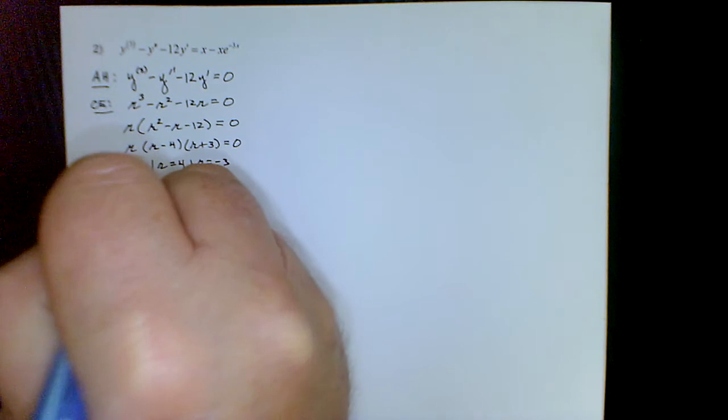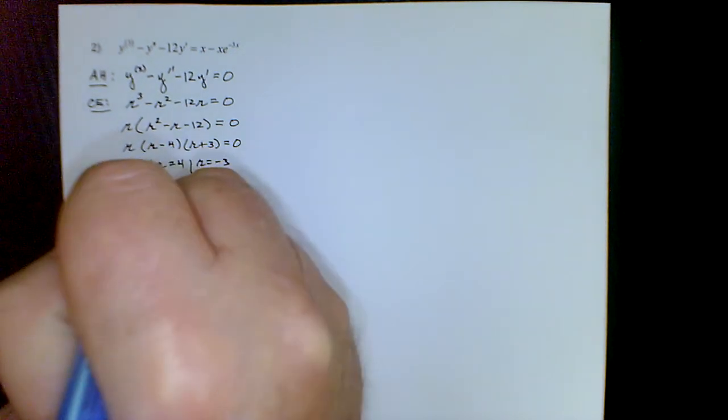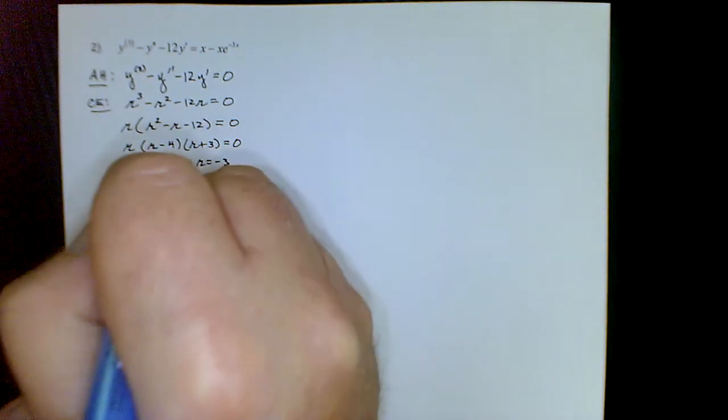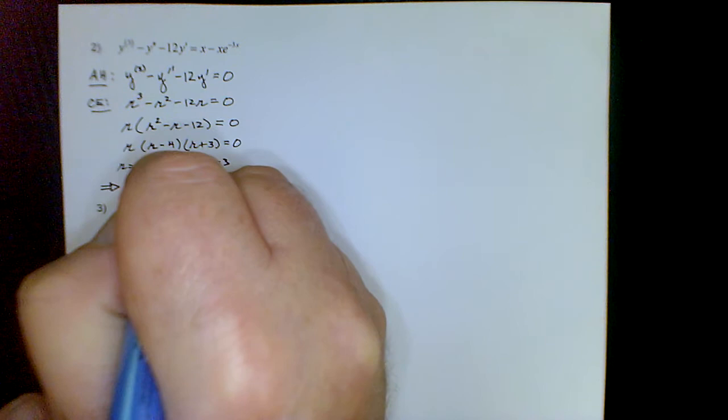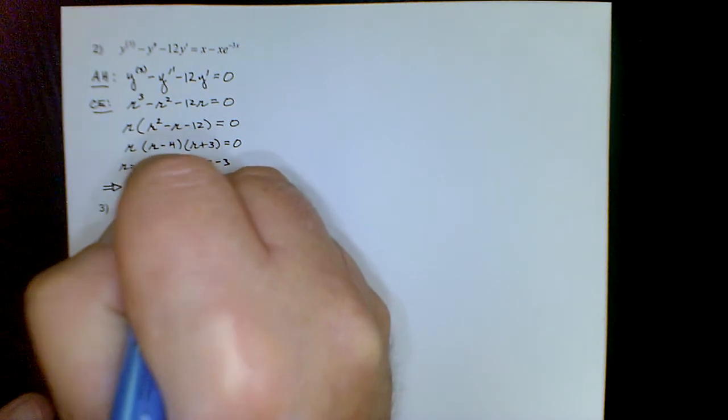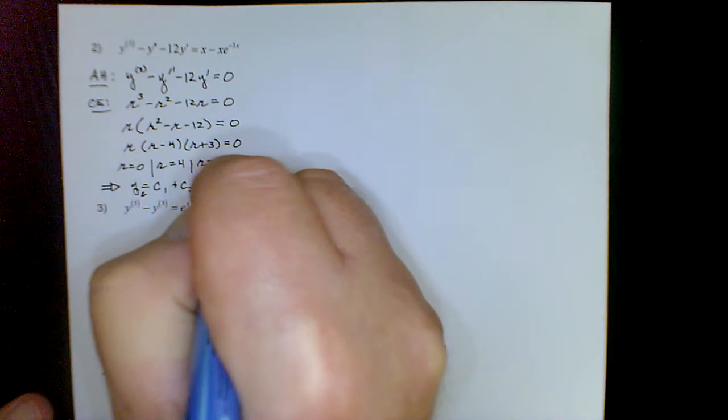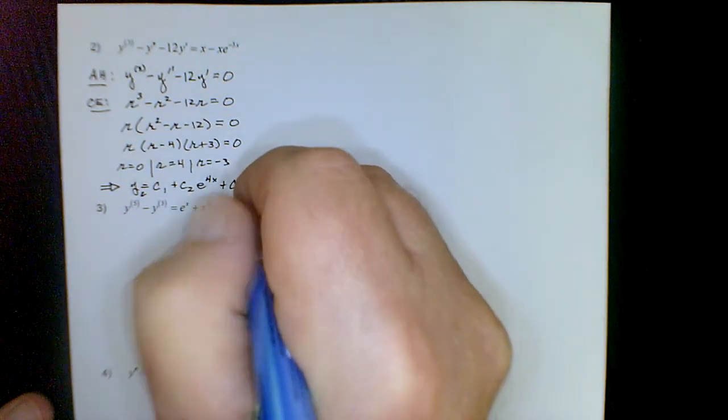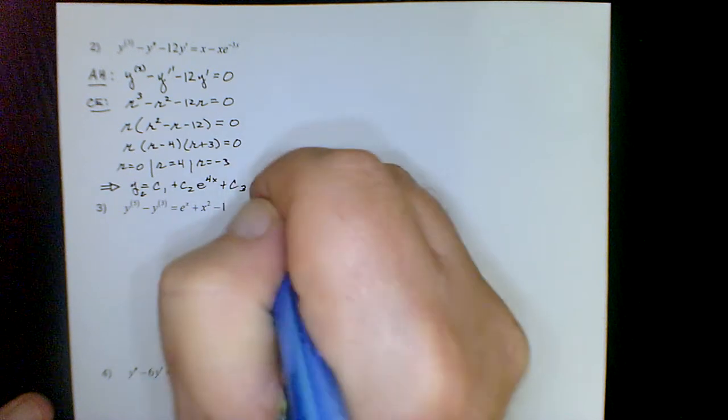So we have y sub c is equal to c1 e to the 0x, so just c1, plus c2 e to the 4x plus c3 e to the negative 3x.